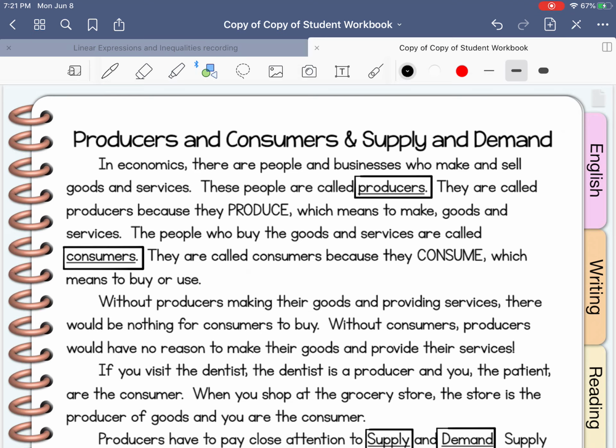In economics, there are people and businesses who make and sell goods and services. These people are called producers. They are called producers because they produce, which means to make goods and services. The people who buy the goods and services are called consumers. They are called consumers because they consume, which means to buy or use.